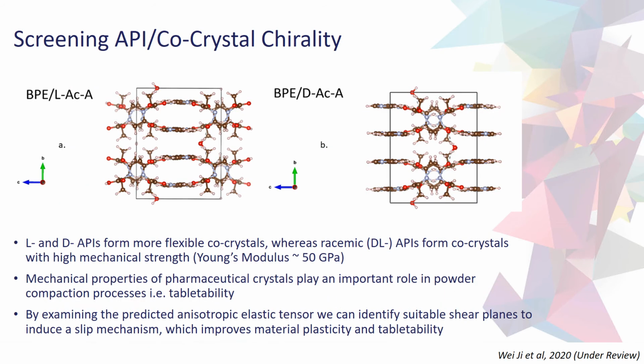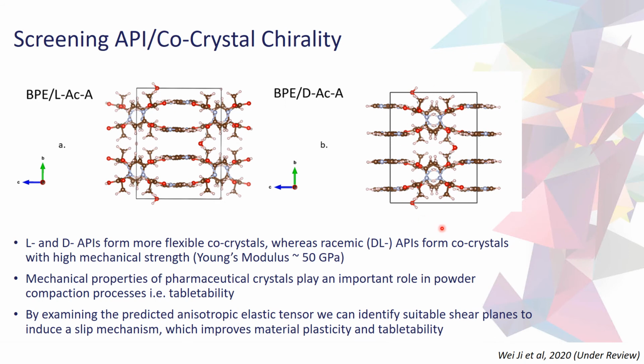And even simpler than that, we can have the same active pharmaceutical ingredient, which is our alanine derivative. We can have a coformer, BPE, again a very simple molecule similar to BPY, again forming these really intricate porous co-crystals.